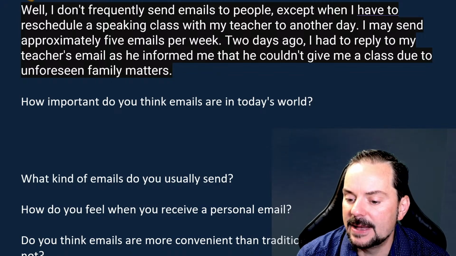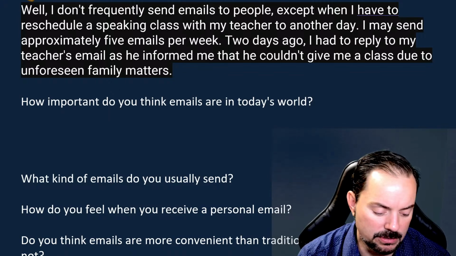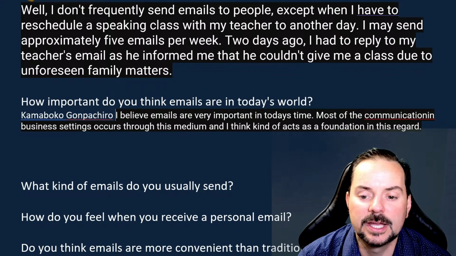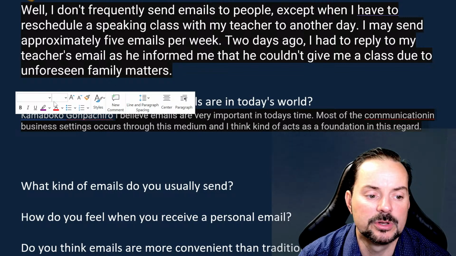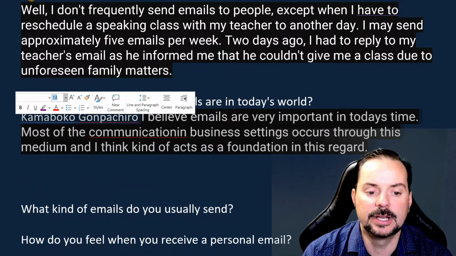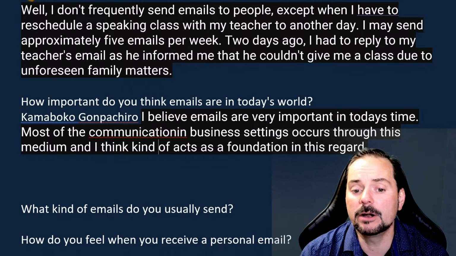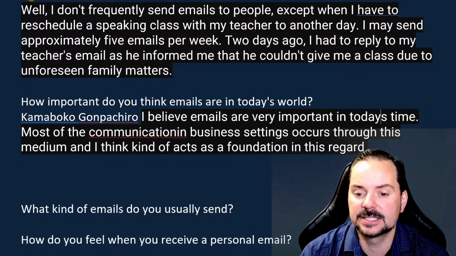All right, let's get back to Kamaboko. Kamaboko is improving. Kamaboko is now including a good explanation. I can see it, Kamaboko. So Kamaboko says, I believe emails are very important in today's time.